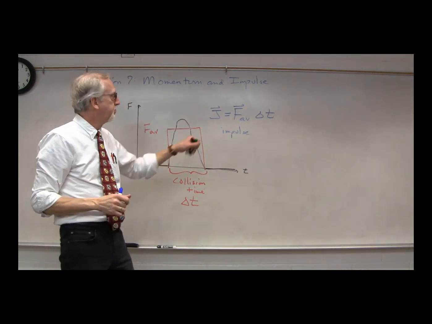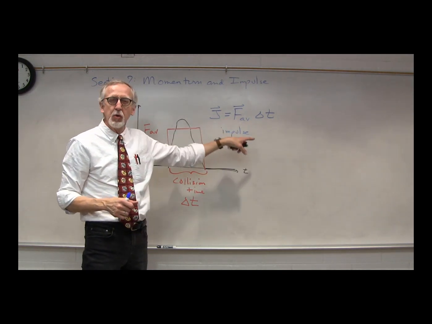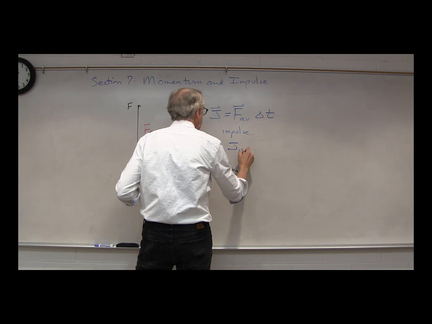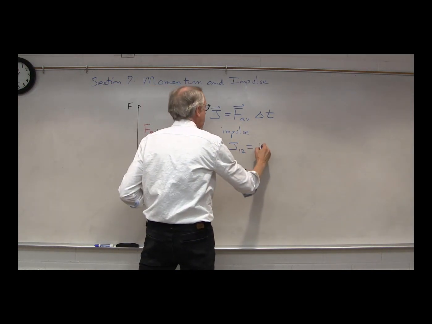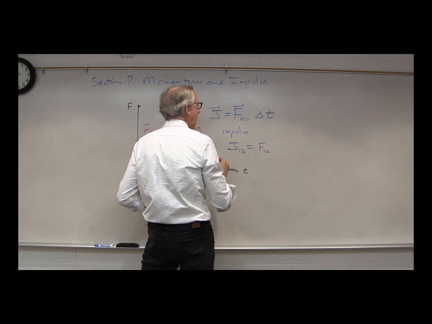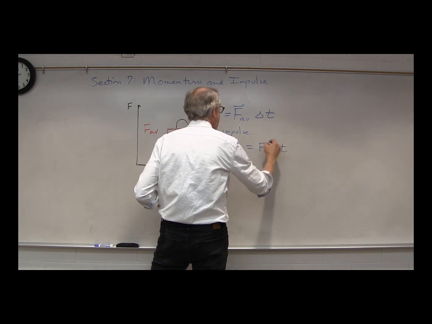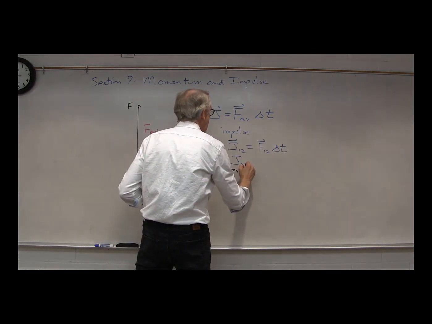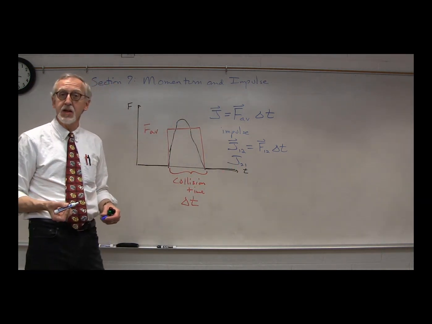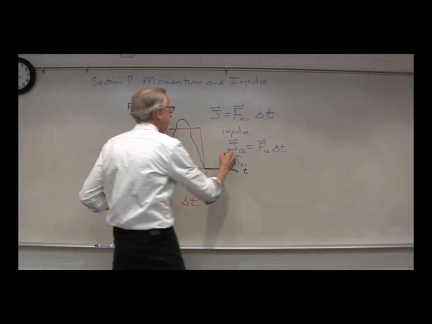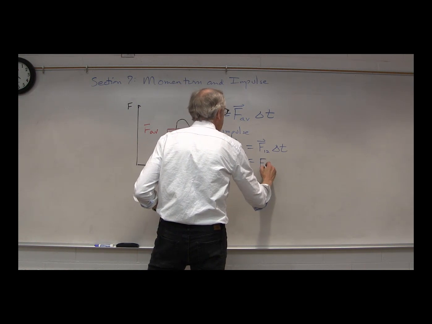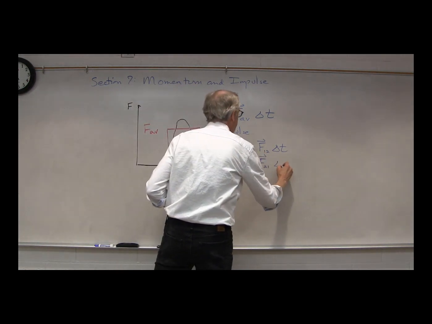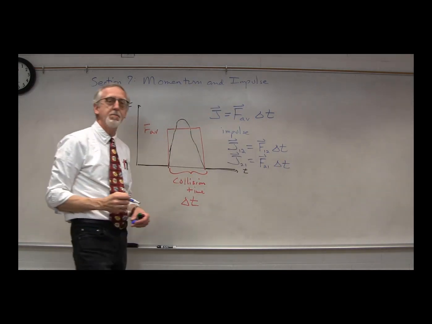So just keep in mind, the impulse acting on object 1 would be the force acting on object 1 from object 2 times delta t, and the impulse on object 2, in other words J21, will be the force on object 2 from object 1 times delta t.